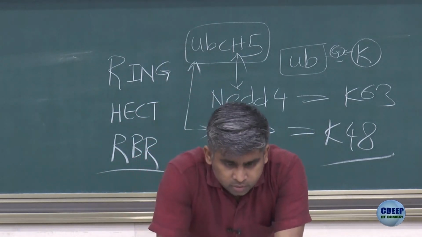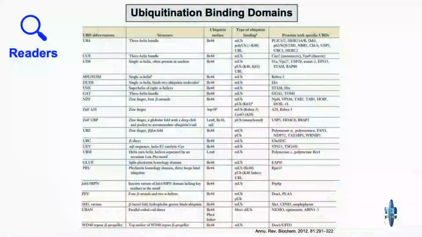So this is too tiny to read for you guys, but these are the readers, meaning like you had SH2 domain containing proteins which could go and read the phosphorylated residues, phosphorylated tyrosine molecules.